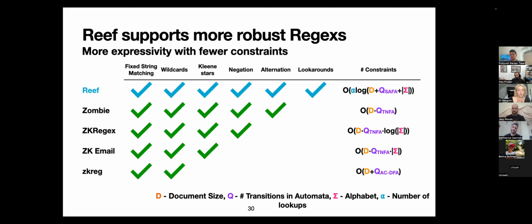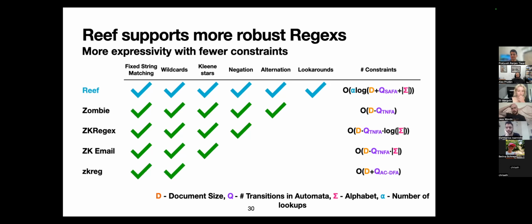If the document is ABCD and my regex is literally ABCD, then alpha is the size of the document. So asymptotically, in the absolute worst case, you could construct a regex where alpha is on the order of the size of the document, but otherwise it's always going to be smaller than the size of the document.